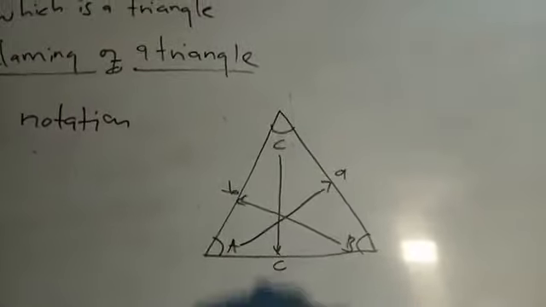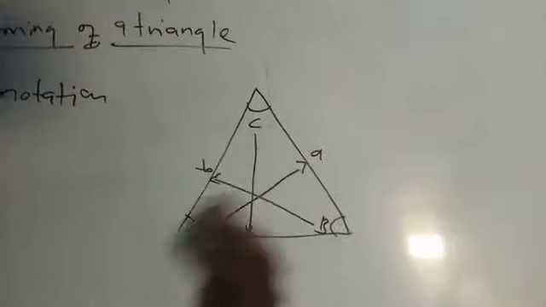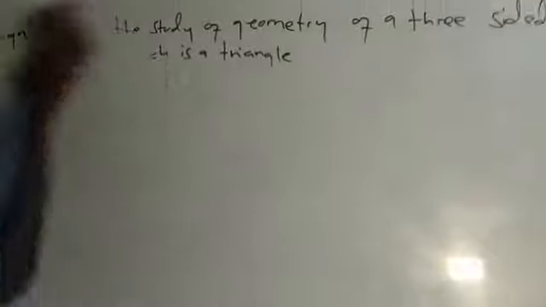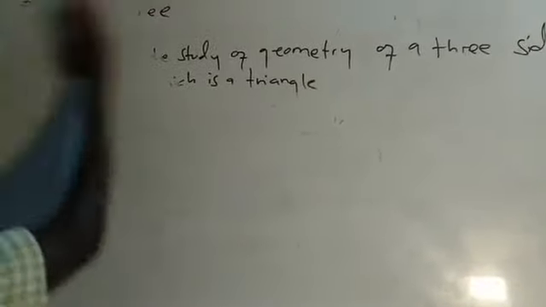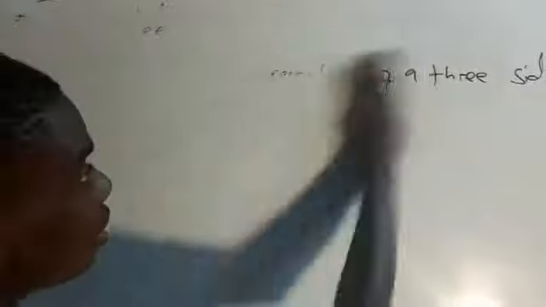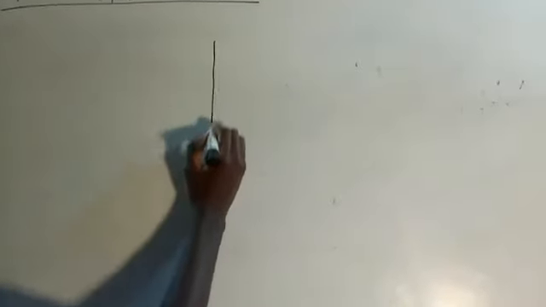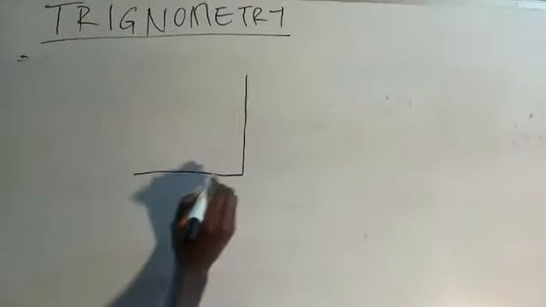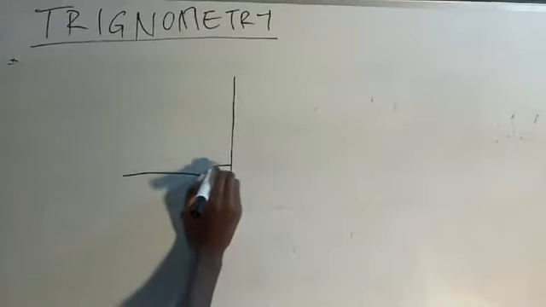So let's go to what we call a right angled triangle. A right angled triangle is the one which comprises of a 90-degree at its base.